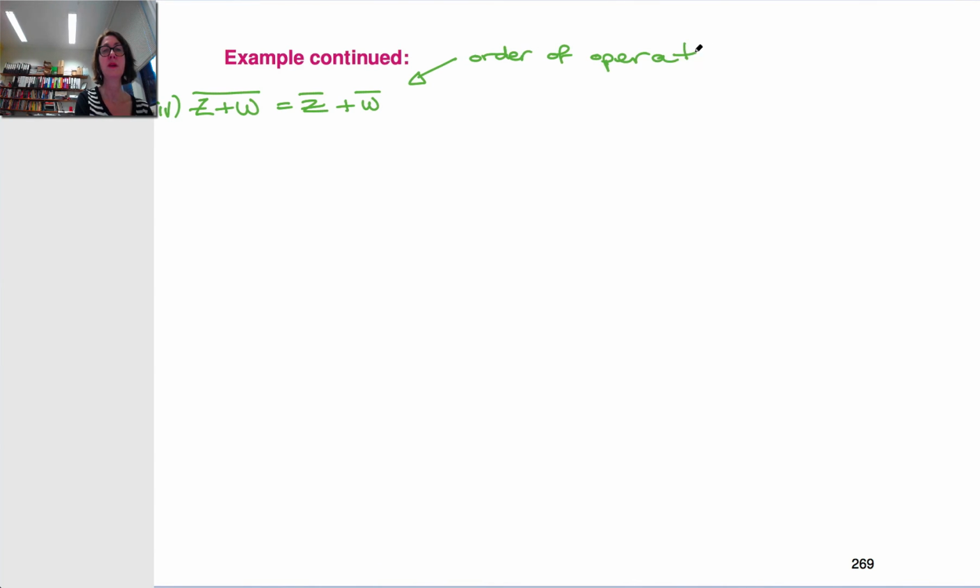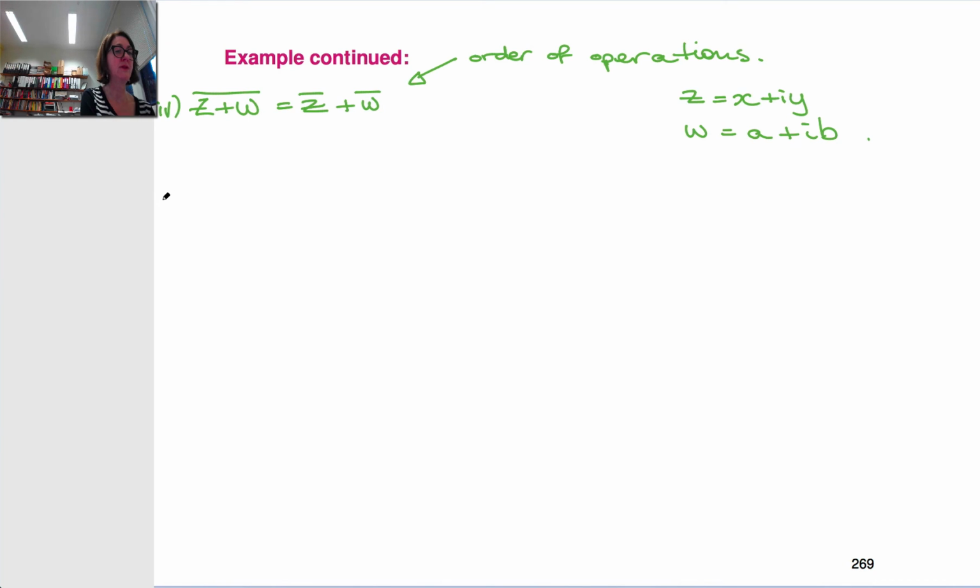And what we do with an example like this one is just work on each side separately and then show they're the same at the end. So we're still going to let z be equal to some arbitrary complex number and w is equal to some different arbitrary complex number. And then we're going to do both of these things separately.